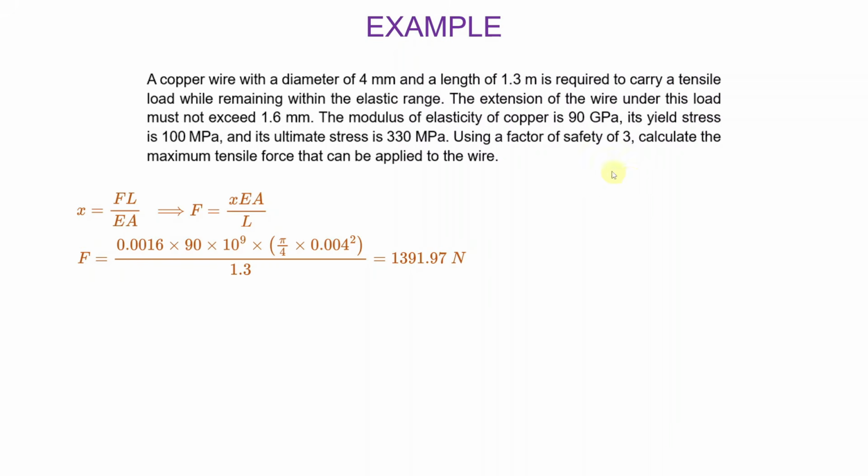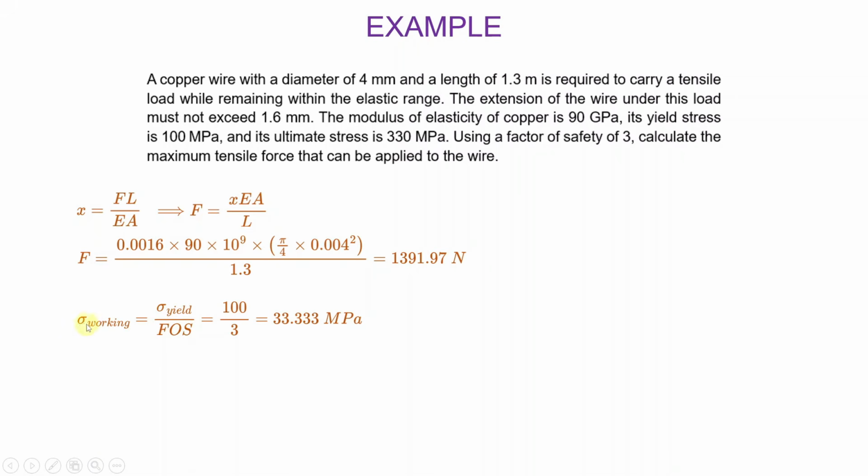Well, if you read the question, you will see that it is said that we need to remain within the elastic range. When there is a requirement to remain within the elastic range, then your equation for the factor of safety is the one with the yield stress over the working stress. From that, you can write that the working stress will be equal to the yield stress divided by the factor of safety.